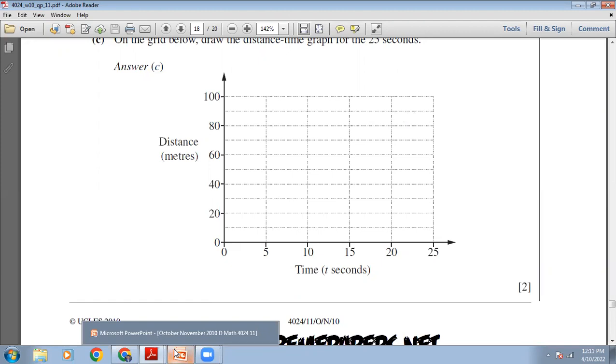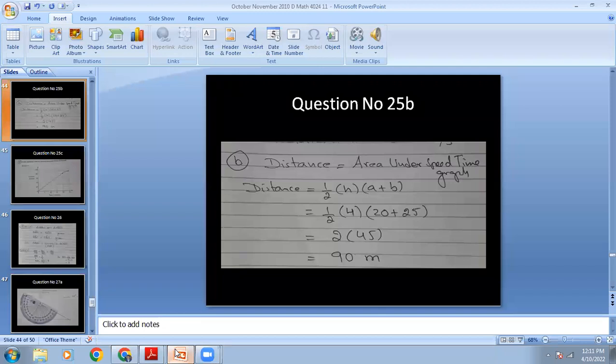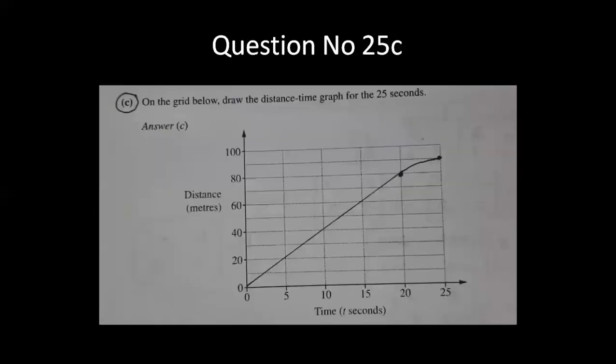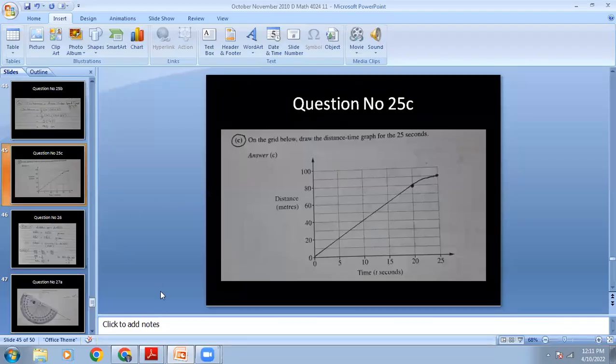So let me show you. Its gradient should be decreasing. And here we go. Up to 20, the line is straight. But from 20 to 25, the gradient is gradually decreasing.